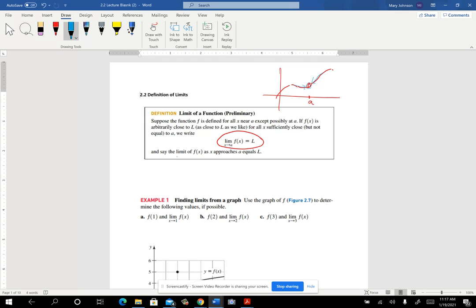Okay. So if f of x gets as close to L as we'd like, arbitrarily close to L, for all x's that are pretty close, not necessarily equal to, but pretty close to a, then this is what we can say, that the limit of f of x would equal L as x approaches a.